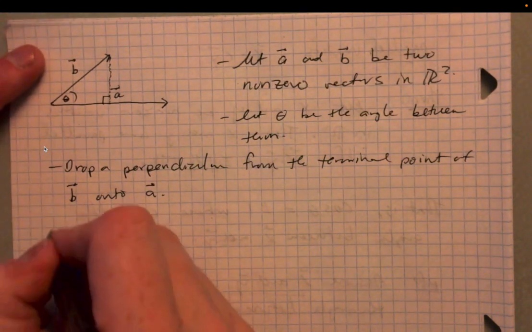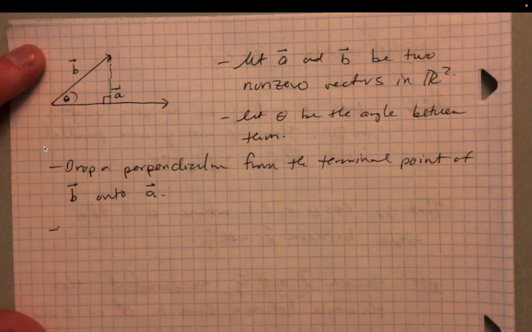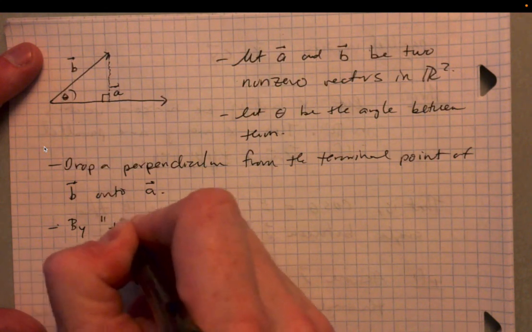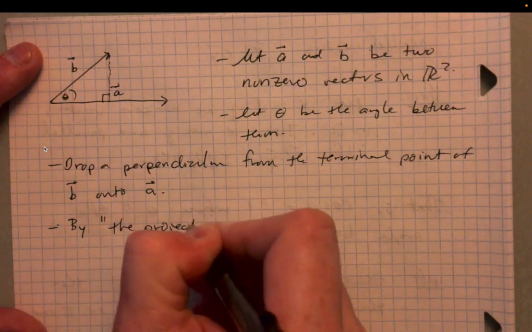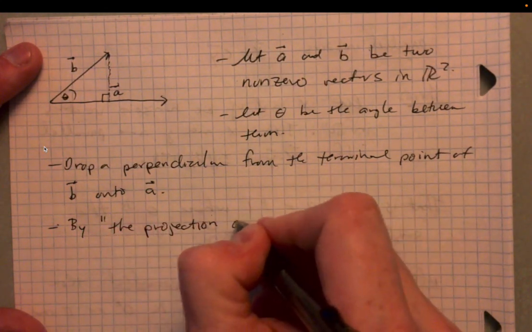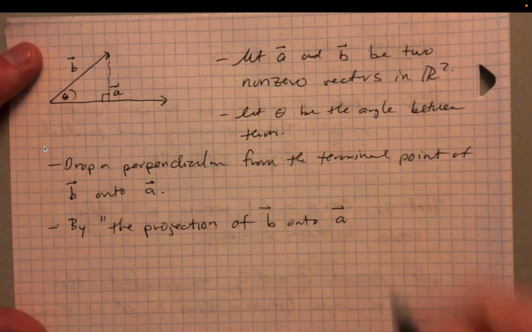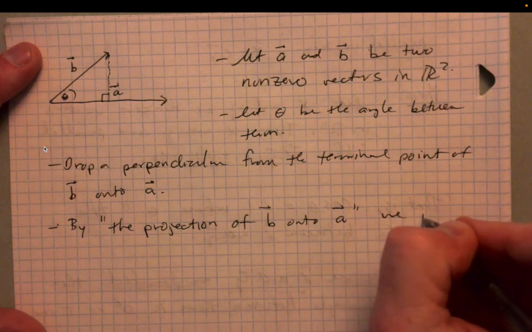So then by the projection of B onto A, what do we mean?